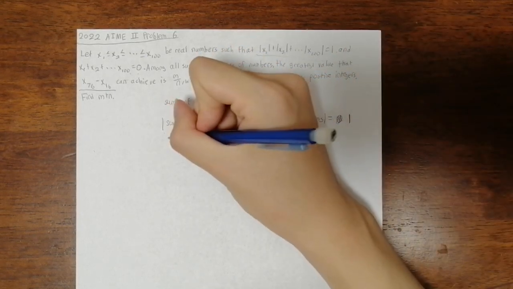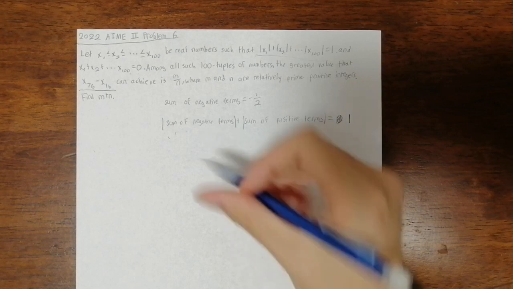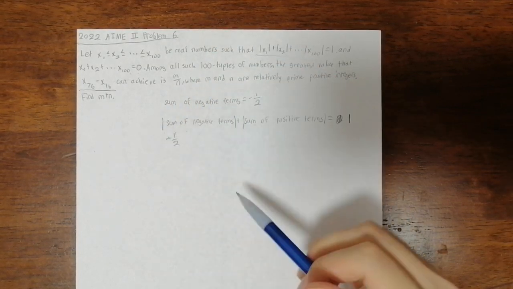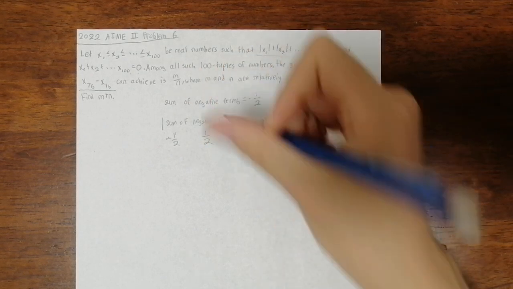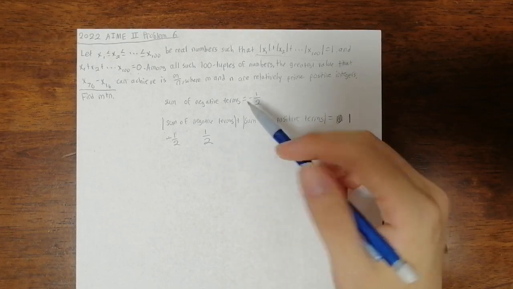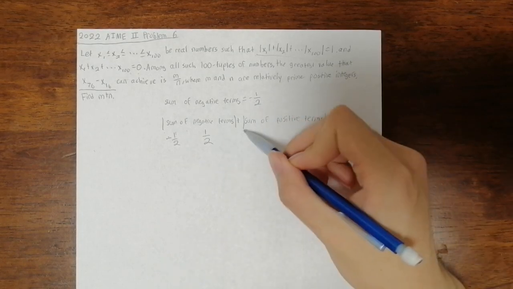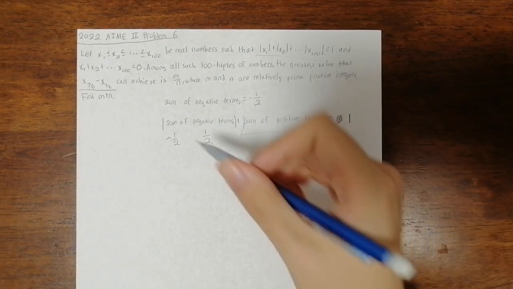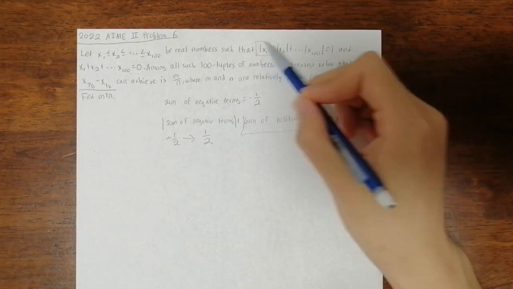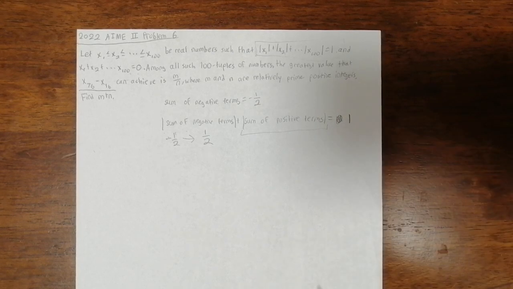So if the original sum of the negative terms was negative 1/2, and we take the absolute value of that, we get 1/2. And this is 1 greater, which is exactly what we need because we know that this doesn't change. But if this increases by 1, then this satisfies this other equation right here. I hope that makes sense.